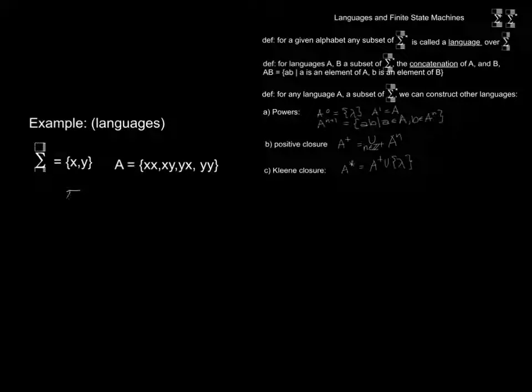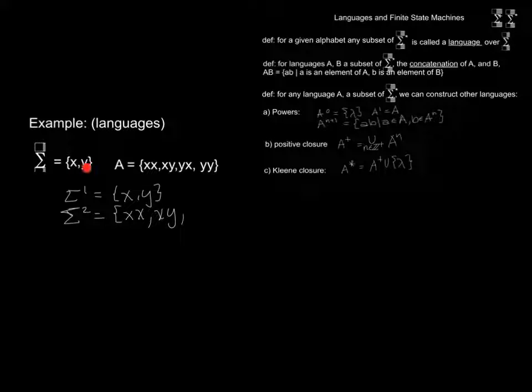So sigma^1 is just equal to {x, y}, or sigma. Sigma^2: the first part of the strings are going to come from sigma, and the second part of the string is coming from sigma^1. So we have x from sigma and an x from sigma^1. We have an x from sigma and a y from sigma^1.